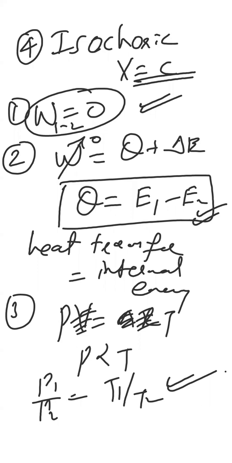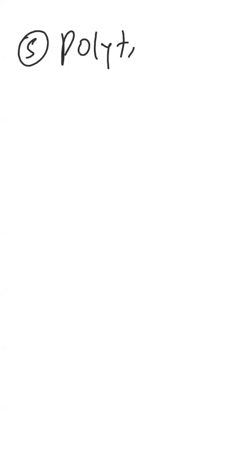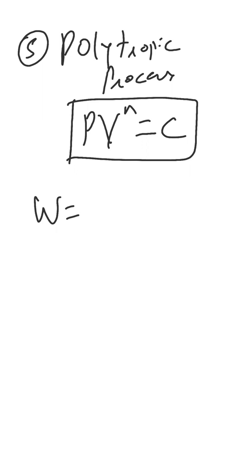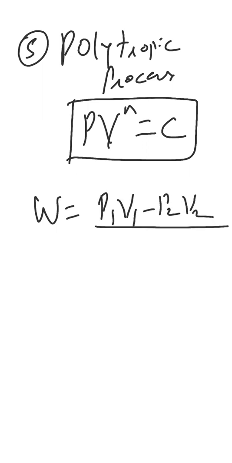Now we'll come to the fifth type of process, which is the polytropic process. Polytropic process is nothing but PV power n equals constant. And the work done formula for this one will be (P1 V1 minus P2 V2) upon (n minus 1).